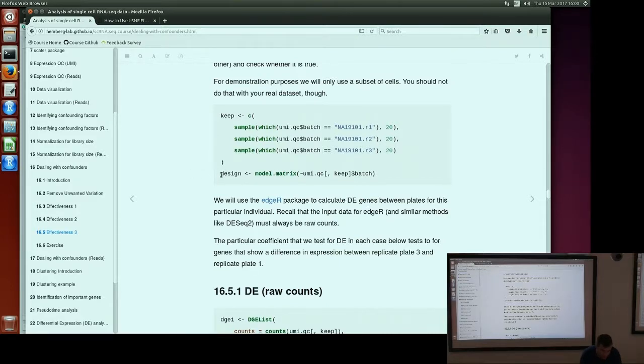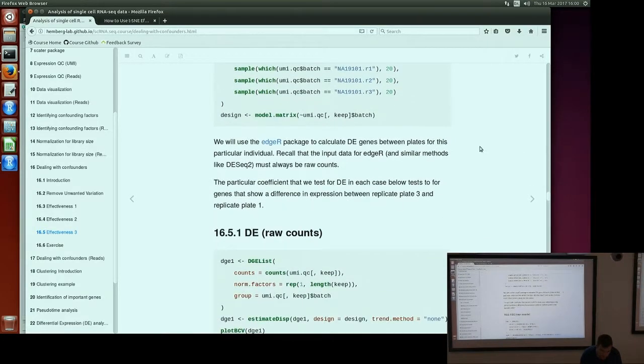And so we define a design matrix, which just defines the batch that each of these cells came from. And we can just subset that quite easily from that umi.qc object. And so we've got raw counts here. And so we'll use edgeR to calculate DE genes between the different batches, the different plates for this particular individual.